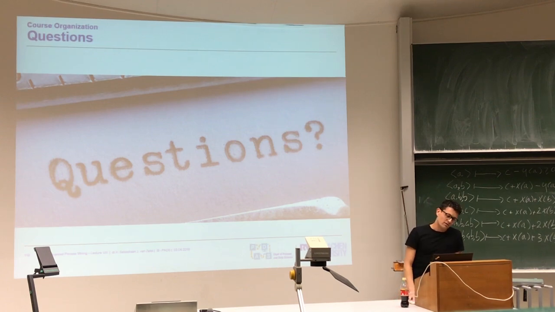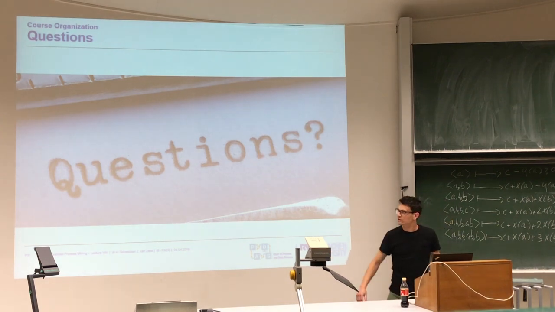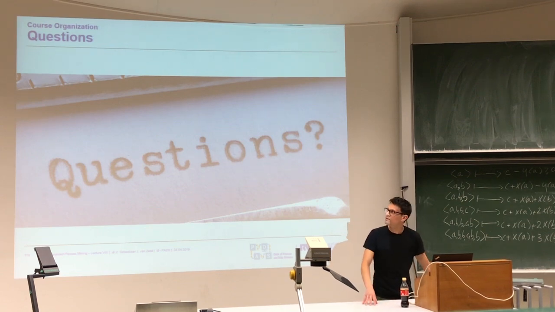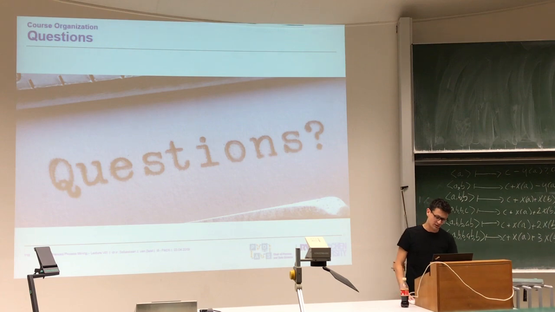What's most important for the exam, I always tell this at the end of the lecture because otherwise no one comes to my lectures, is that you have to be able to construct the constraint body of these ILPs, but you also have to be able to construct the objective function.